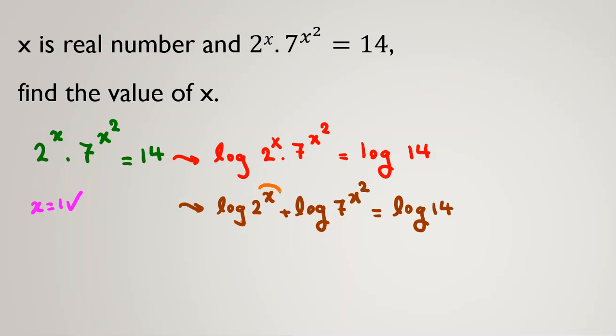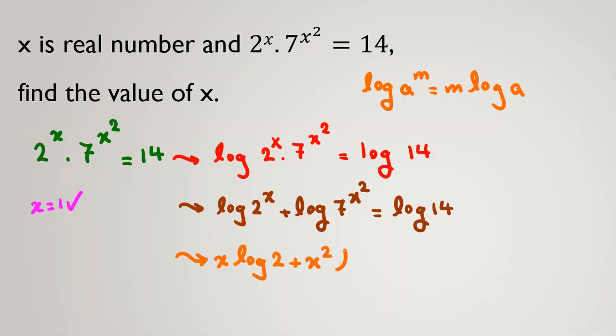Now here, because we have power in this part, we should use another rule in logarithm that log a to the m equals m log a. So if we apply it here, it will be x log 2 plus x squared log 7 equal to log 14.